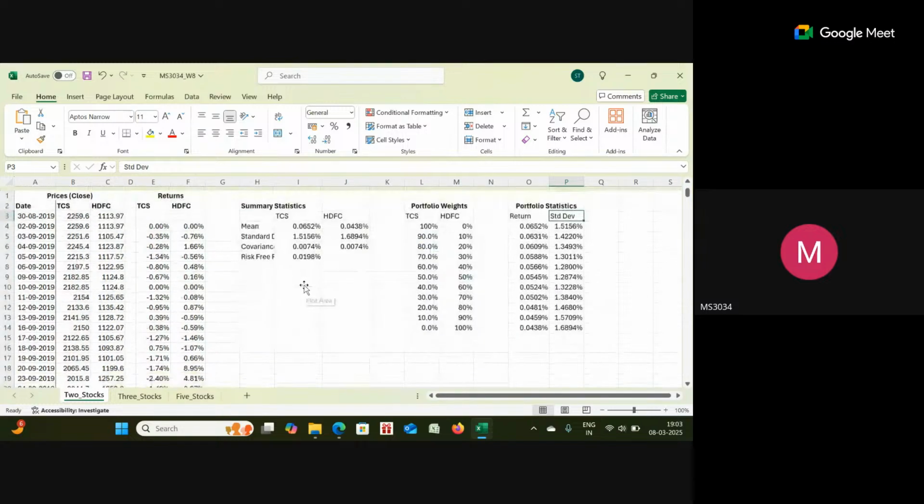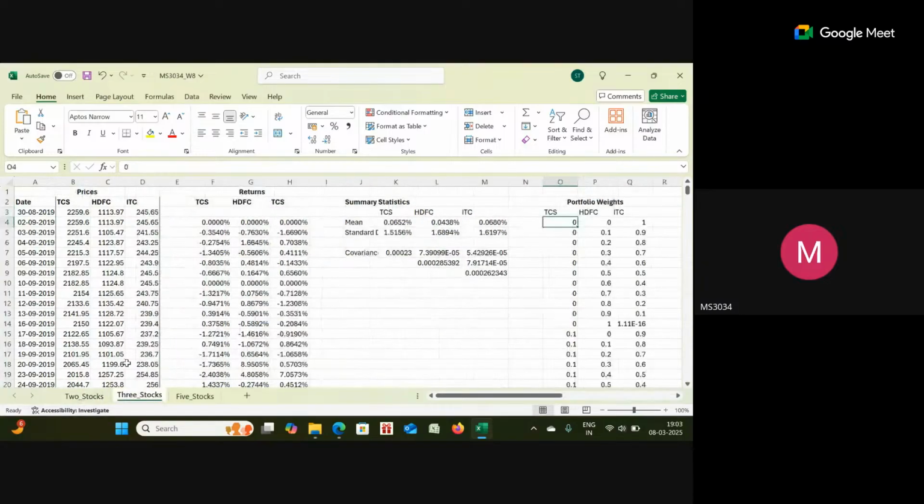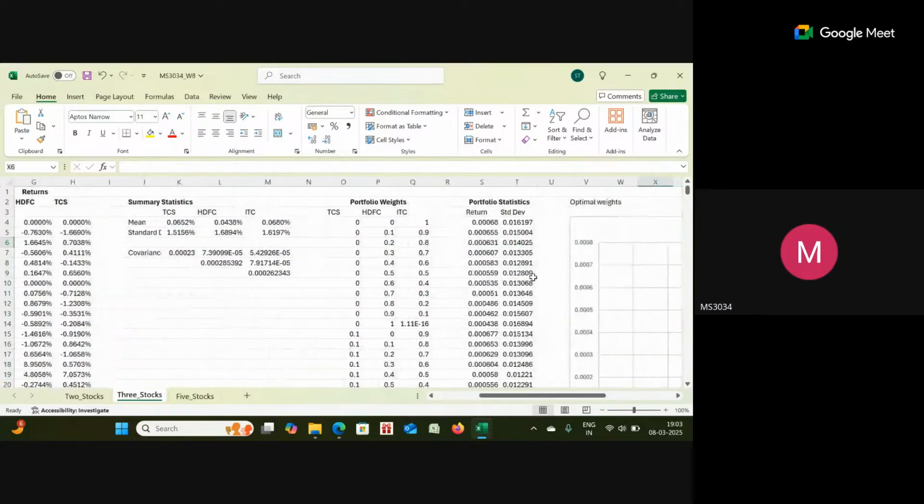I have done the same thing for the three stocks case, where I have included ITC also. We have calculated the covariances. We have multiple points because there are multiple possible portfolios, correct?